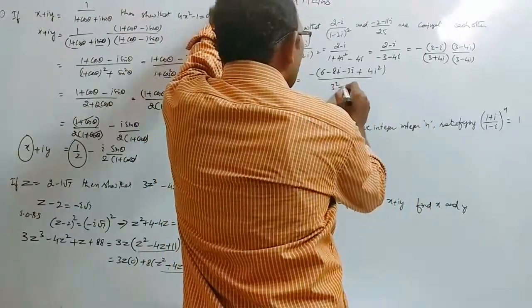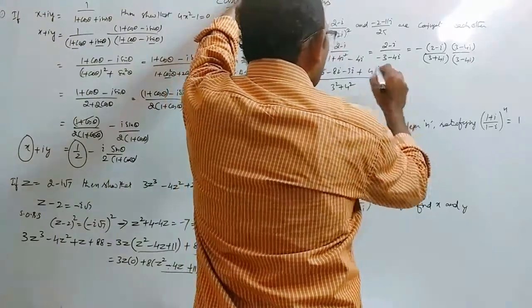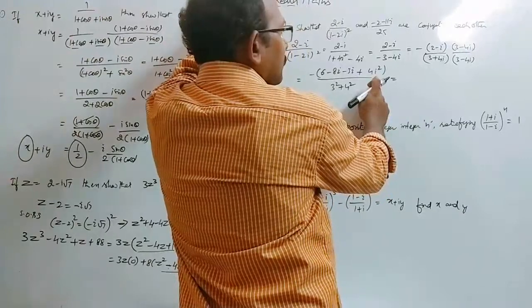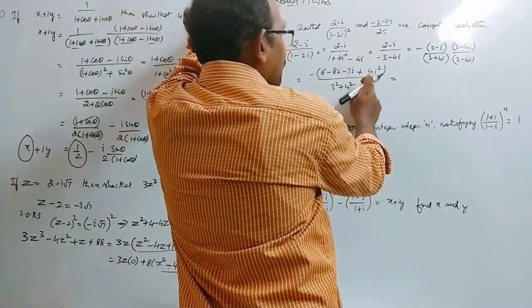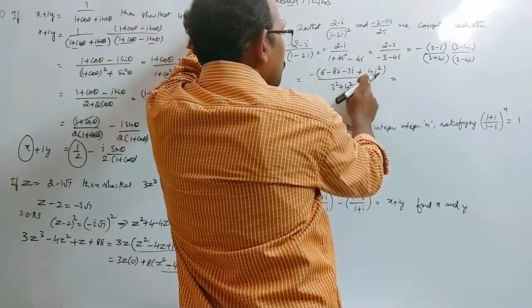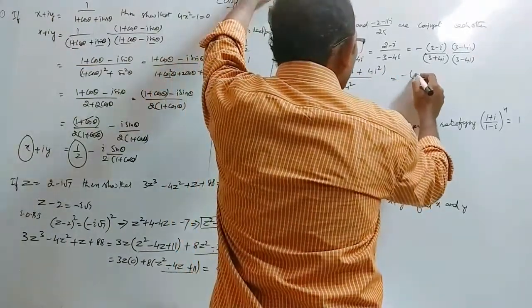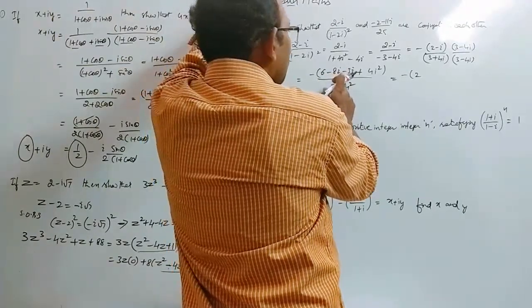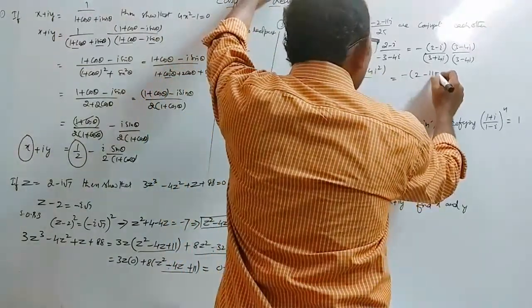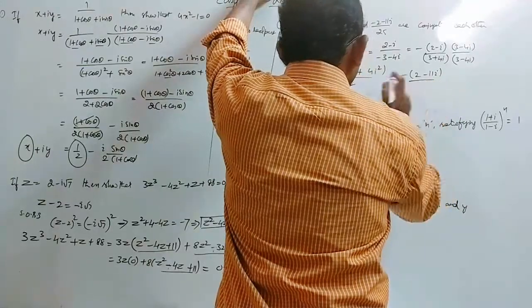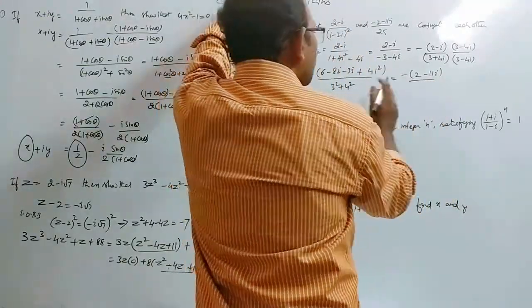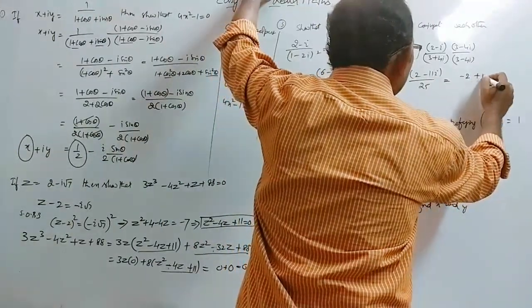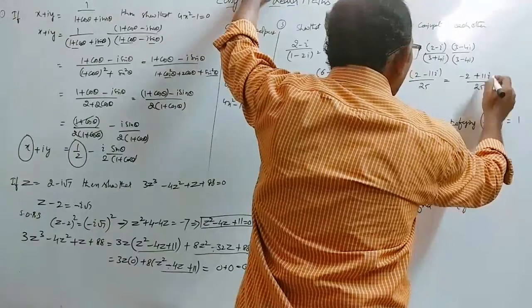Therefore 3 square plus 4 square, now let us simplify. Here i square is minus 1, then it becomes minus 4. 6 minus 4, 2. Therefore minus of 2, here minus 8i minus 3i, that is equal to minus 11i by 3 square plus 4 square, 9 plus 16, which is nothing but 25. That is equal to then minus 2 plus 11i by 25.